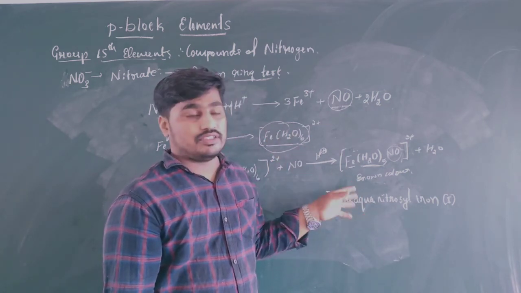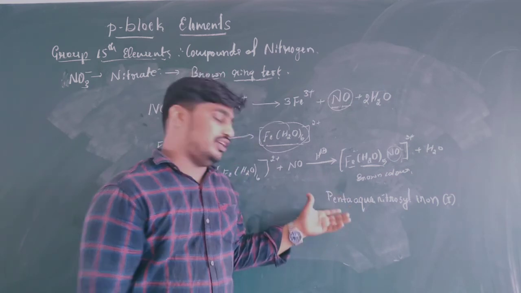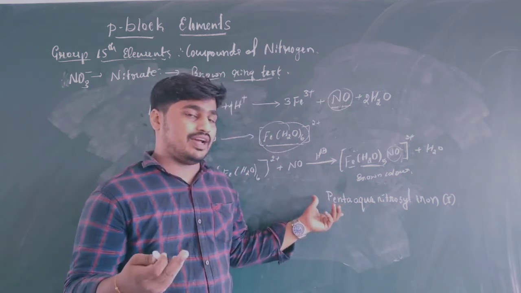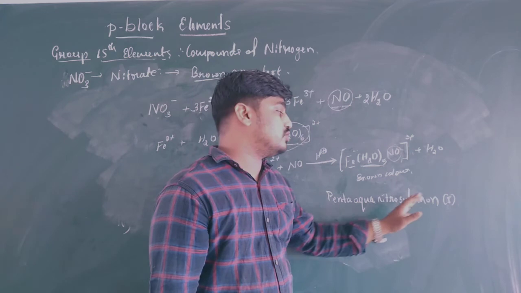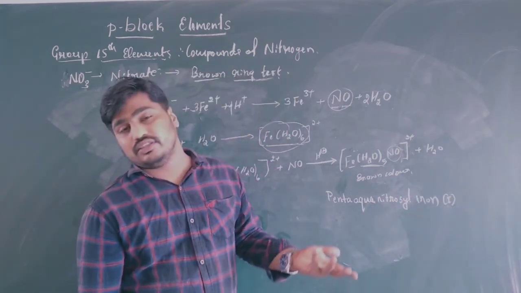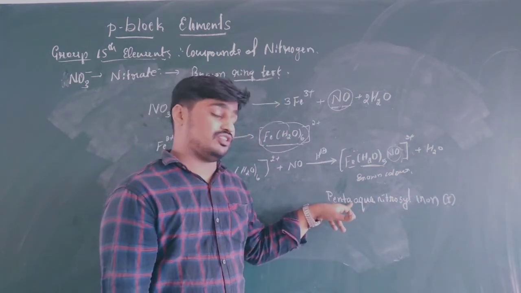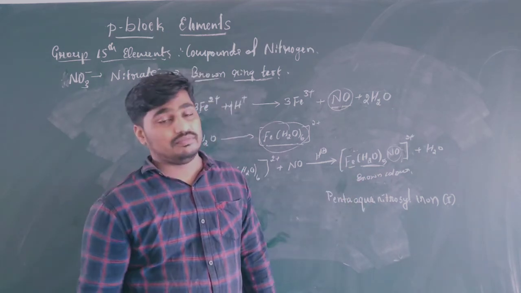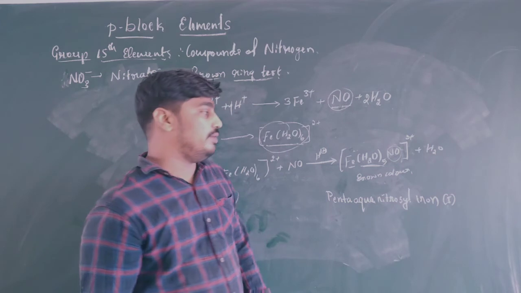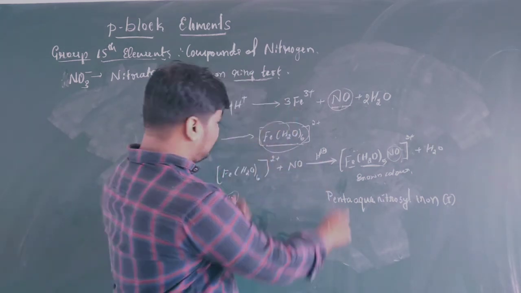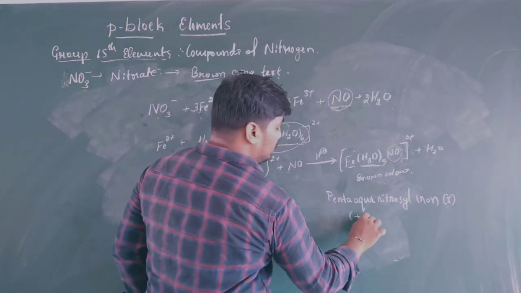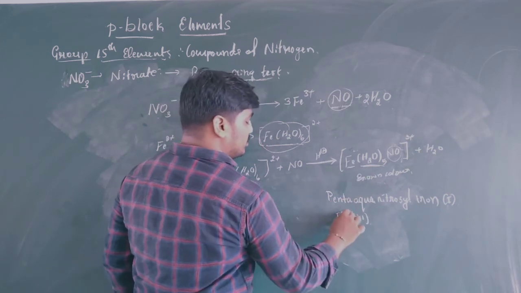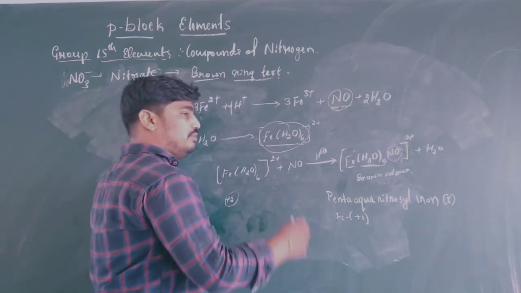Otherwise, suppose it is not given and in your 4 answers, pentaaquanitrosoiron(II) is there, then that one is also correct. Suppose that is not in your multiple choice, then only that one is correct. Okay, now what is the oxidation state of iron? Here +1 oxidation state.